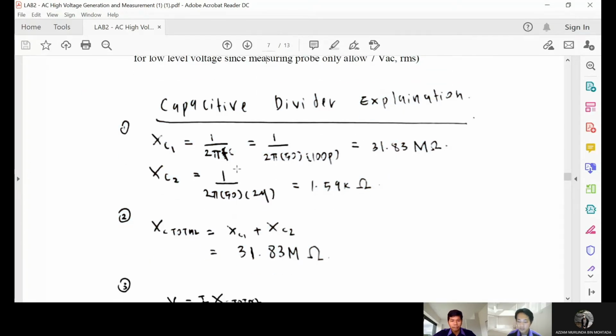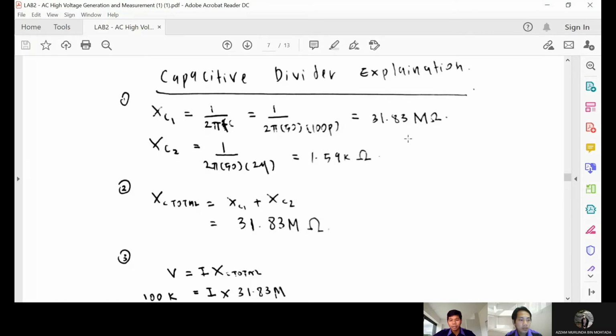involves Xc equal to 1 over 2 pi fC, equal to 1 over 2 pi times 50 times 100 pico, equal to 31.83 mega ohm.